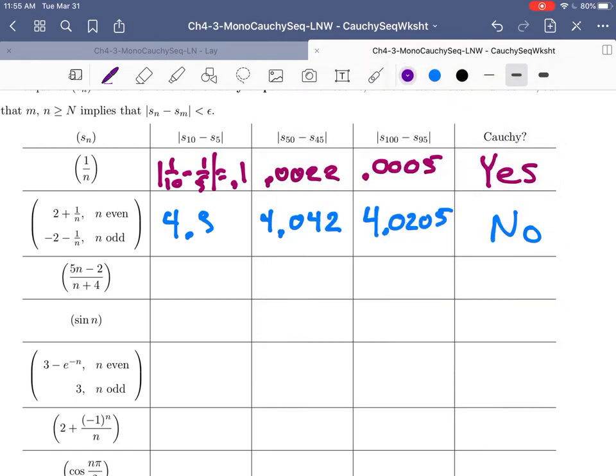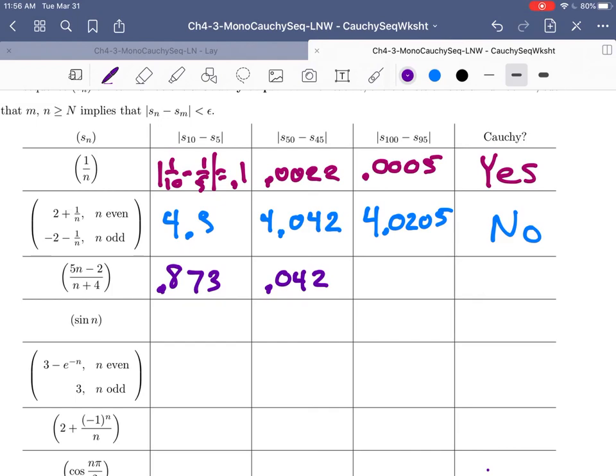What about our next sequence, where we have 5n minus 2 over n plus 4? The distance between our 10th term and our 5th term, I get something like 0.873. The distance between our 50th term and our 45th term, we get 0.042.